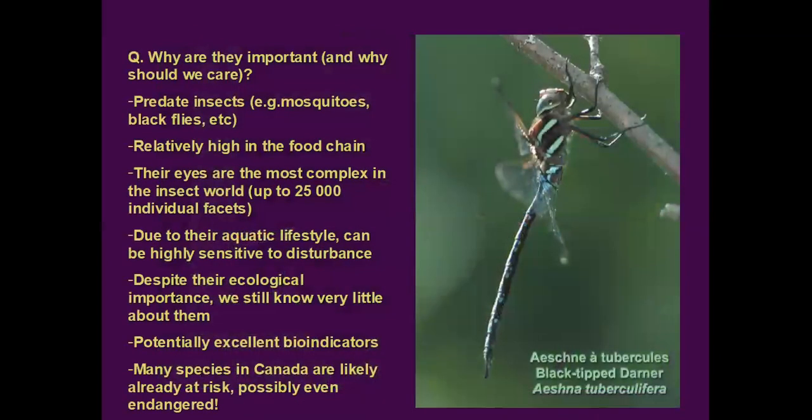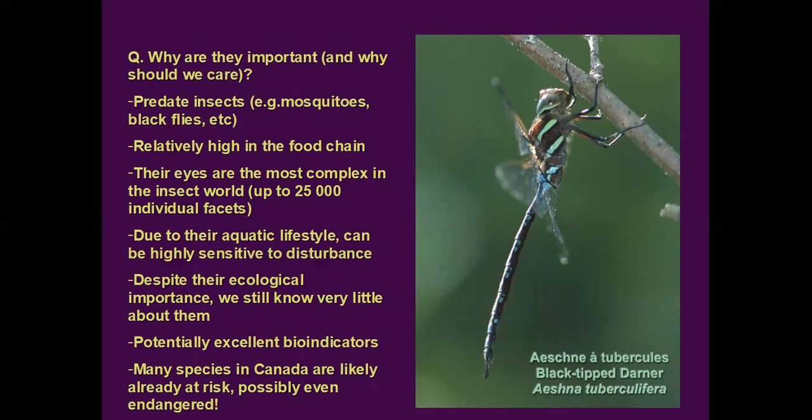So why are insects particularly important? Well, they're important ecologically. They eat insects. They're relatively high in the food chain. Their eyes are the most complex in the insect world. And because of their aquatic lifestyle, they can certainly be sensitive to disturbance and environmental degradation. Despite their ecological importance, we still know comparatively little about them. We're still finding new species on Earth.